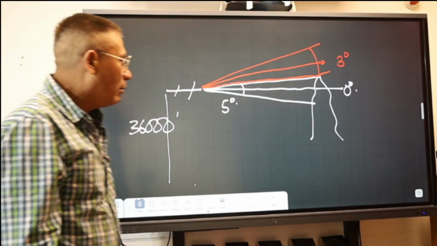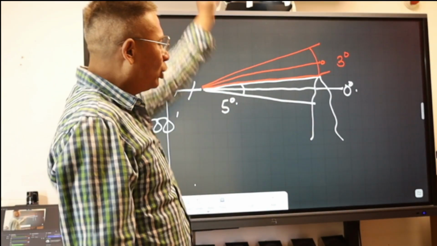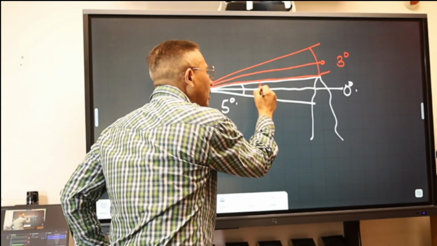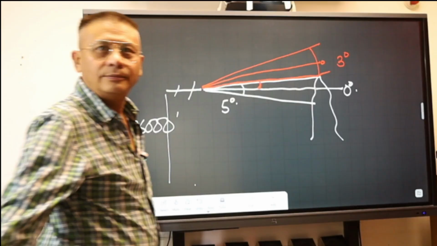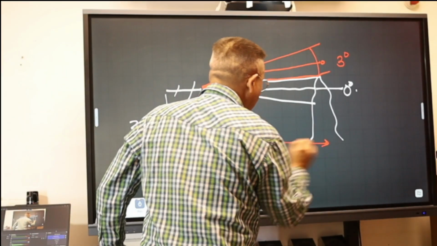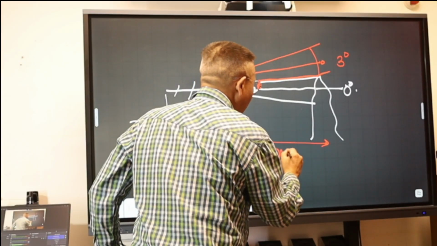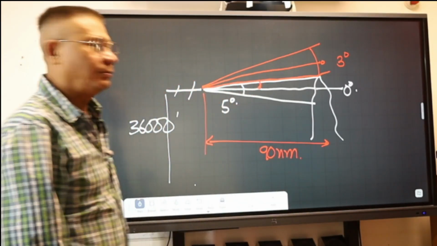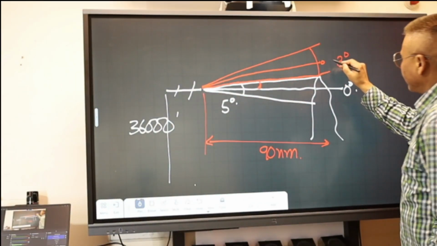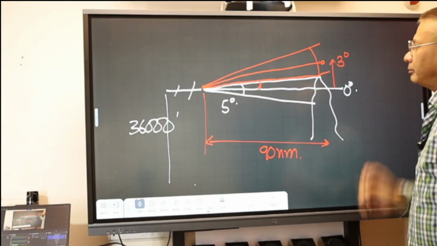So now I need to find out this particular angle. As I know from my weather radar, let's say this is at a distance of 90 nautical miles. Now, this particular angle is 3 degrees.